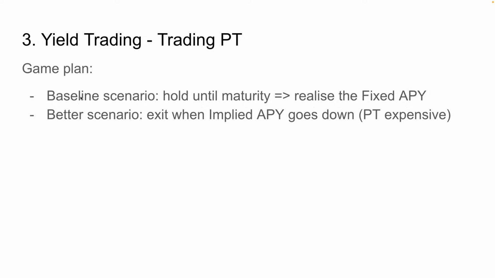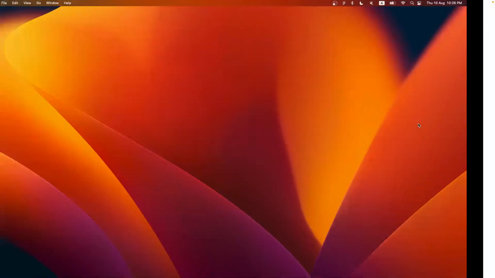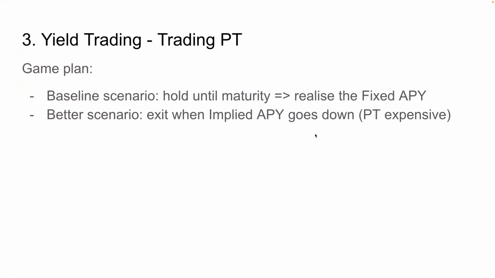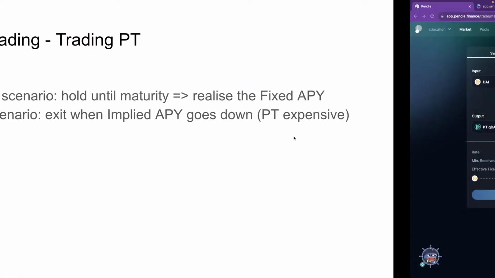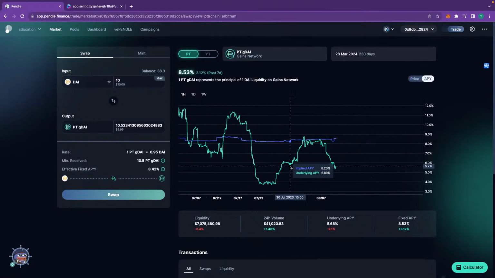Now, on top of the baseline scenario, there can be a better scenario to exit my PT position when implied APY goes down. Implied APY goes down means PT is expensive, like if you refer to the pricing guideline just now. So let's just say, for the sake of example, that right now I bought 10.5 PT in 1 week.